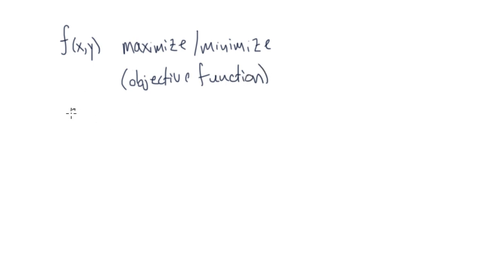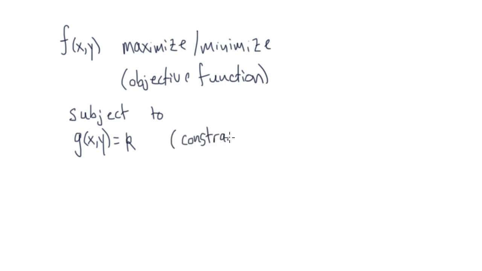And f is going to be subject to an equation of this form. So we have a function g of x and y equaling some constant k. And this is called a constraint. Now we could have more than one constraint, but for now we'll just consider, again, functions of two variables for our objective function, and then a single constraint.